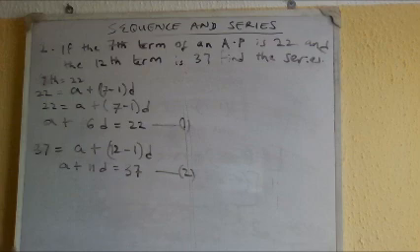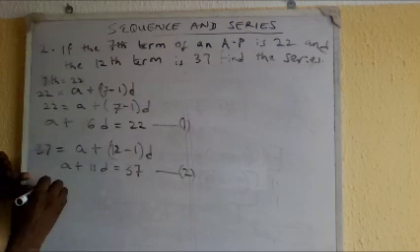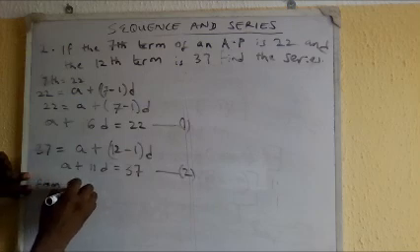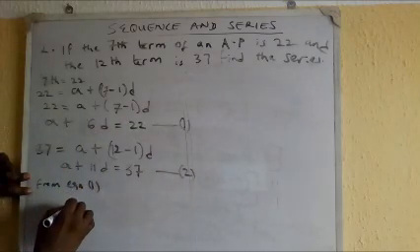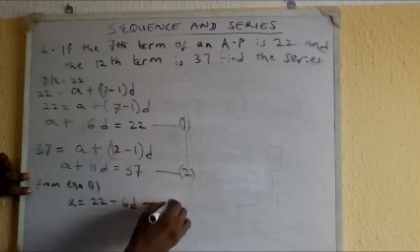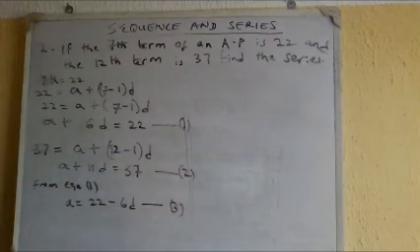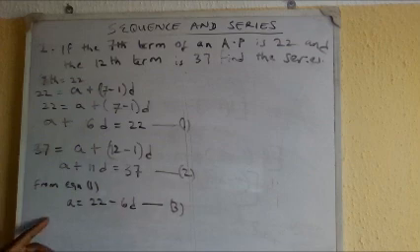Now from equation 1, I can make A the subject. A is equal to 22 minus 6D. I will call this equation 3. So I'm going to put whatever I have in equation 3 in equation 2.